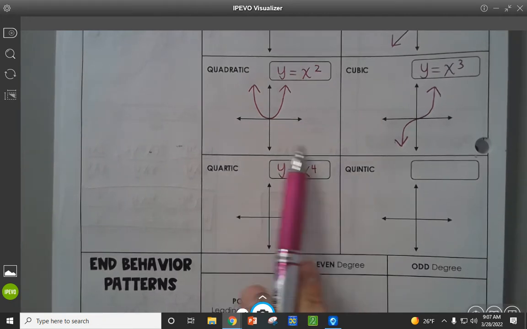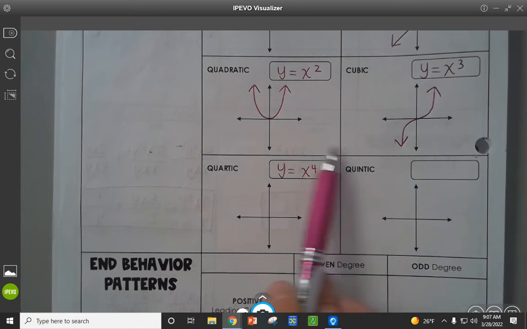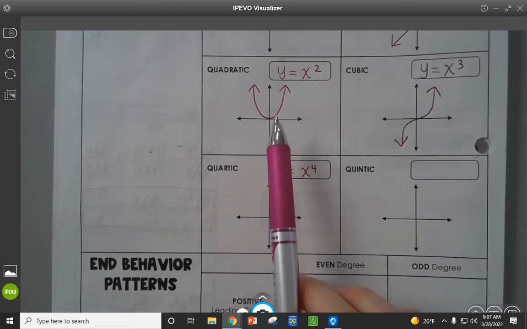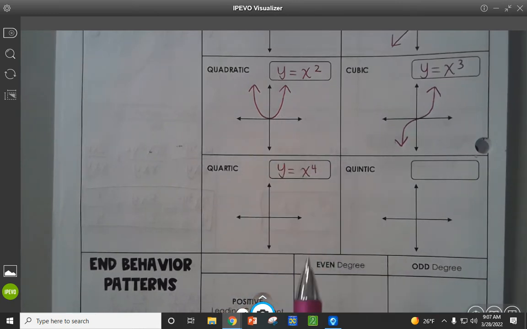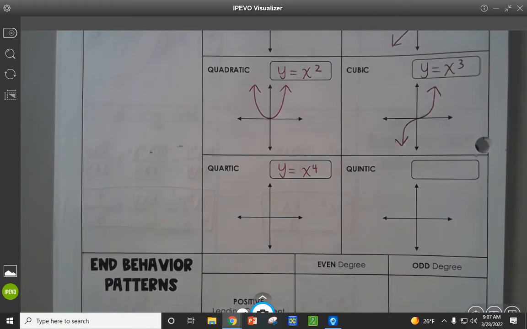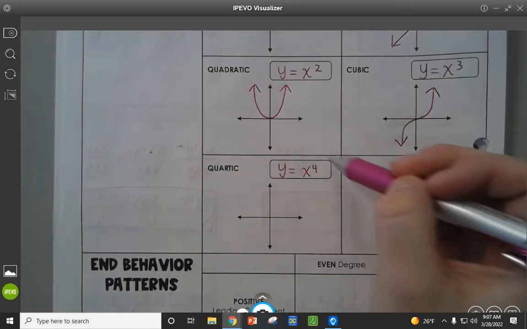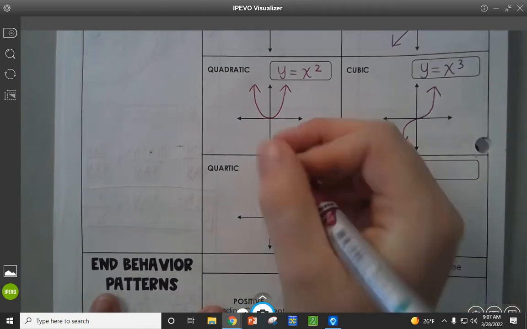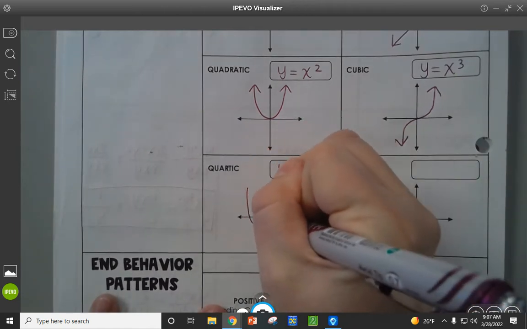If you were to type this into your y equals, it's going to look a lot like the quadratic one. So I'm going to show you what a quartic could also look like if it's got other things added onto it. So it could look like this.